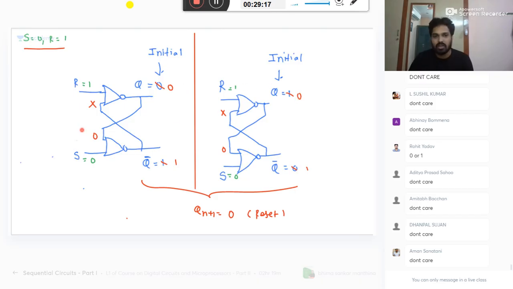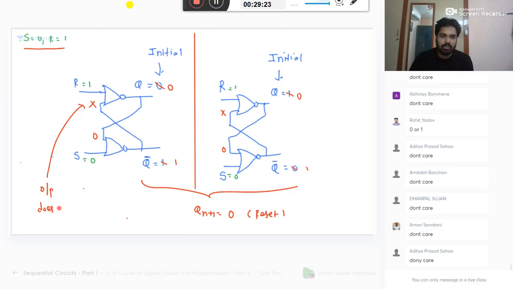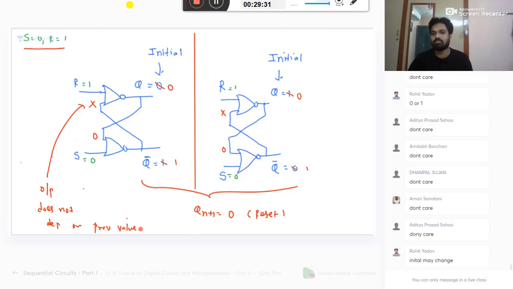What is the meaning of this cross? Output does not depend on previous or initial value. That can be anything, it doesn't matter. Initially 0, 1 or 1, 0, its performance is the same.